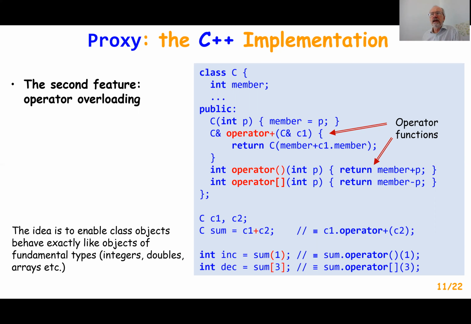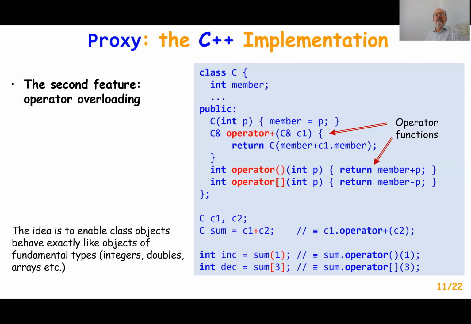Simply speaking, we can write a plus b, where a and b are objects of integer types. This means that the plus operator is predefined for the integer type. The same is true for doubles and some other types. Whereas we do not have similar direct support for objects of class type.